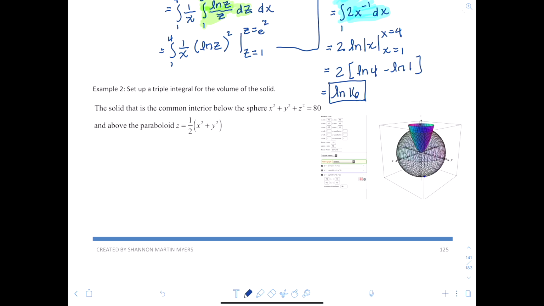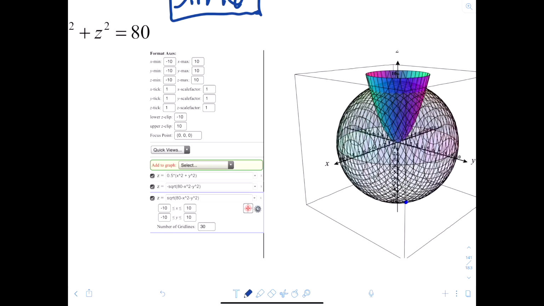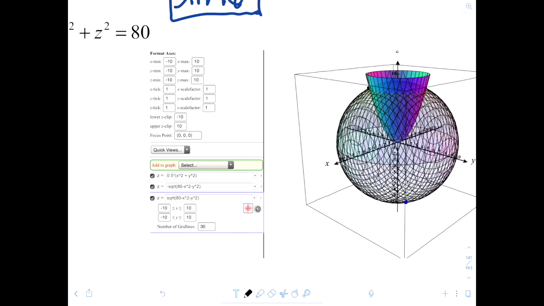Remember it said the common interior that's below the sphere and above the paraboloid. So I'm going to trace the outside of the sphere right here so we can see it.